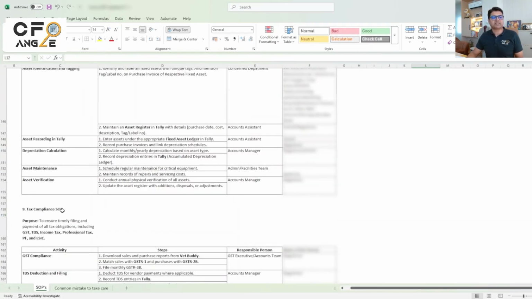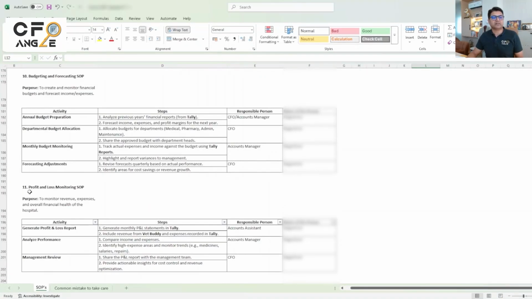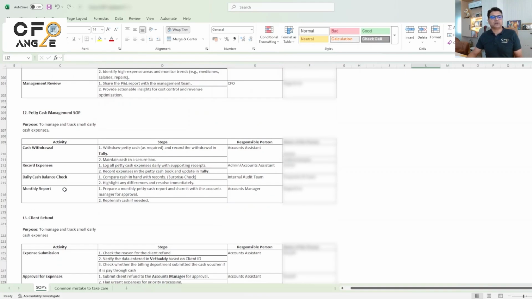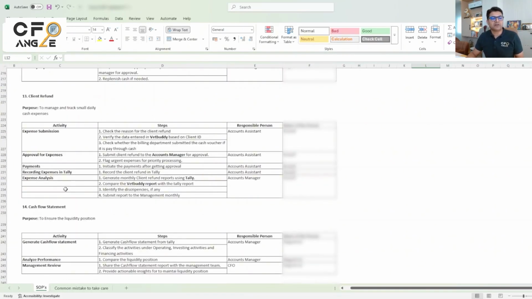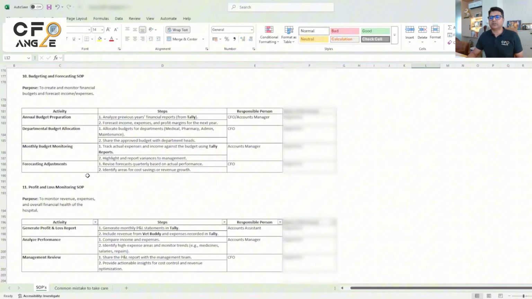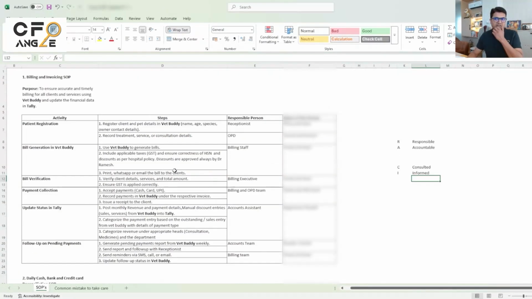Then also tax compliances SOP, budgeting and forecasting, profit loss monitoring SOP, petty cash management, clients refund, and cash flow management.